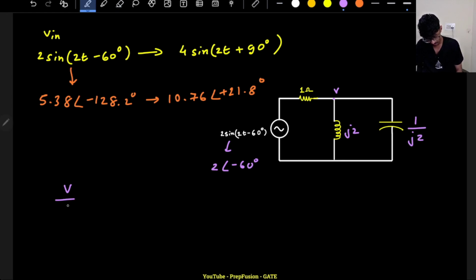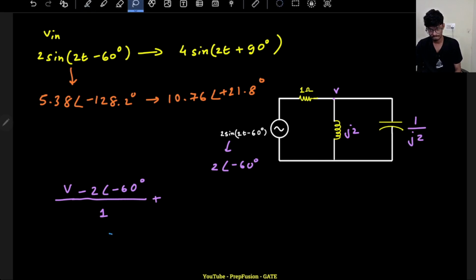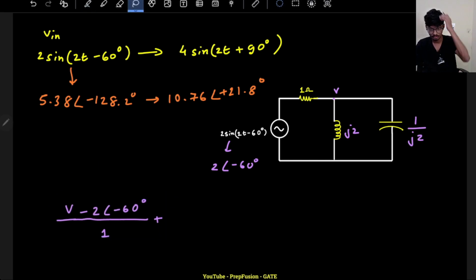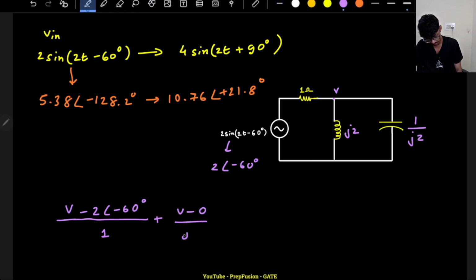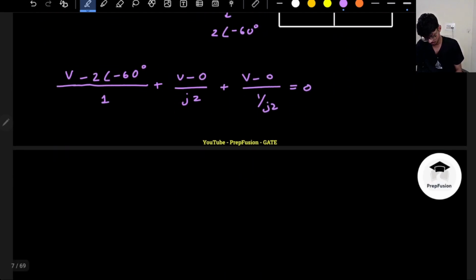So V minus 2 angle minus 60 divided by 1, plus V minus 0 divided by J2, plus V minus 0 divided by 1 by J2, equals 0.